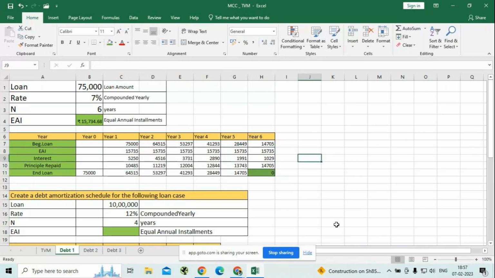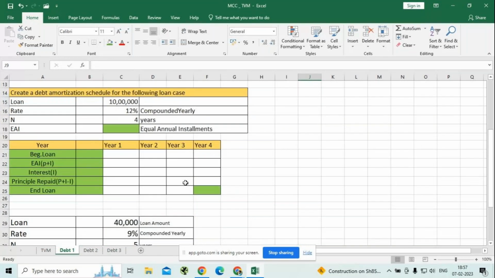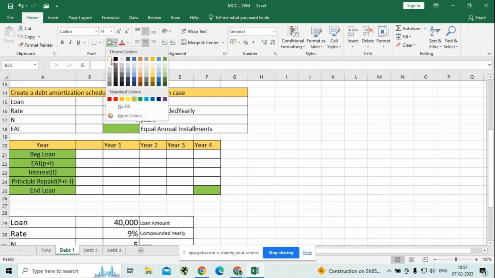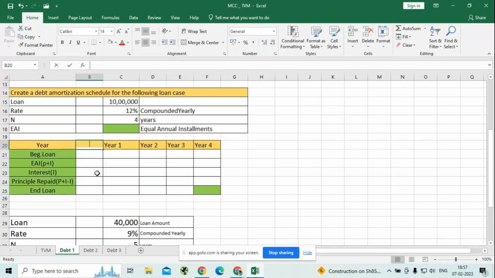Okay, so like this you are supposed to do the calculation. When you are doing it horizontally, it is mandatory that you should have a year 0. So you are going to keep it as year 0.